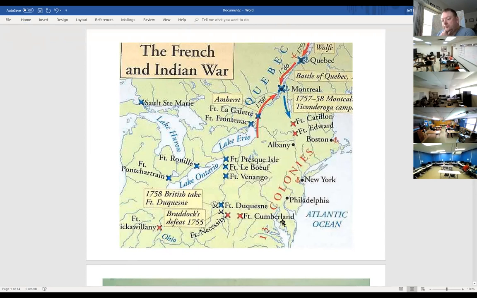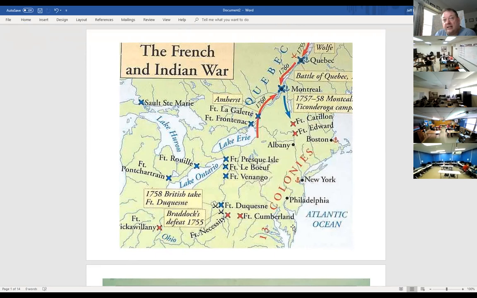And so this war went on and then officially ended in the Treaty of Paris in 1763, which officially brought these hostilities between England and France to an end.